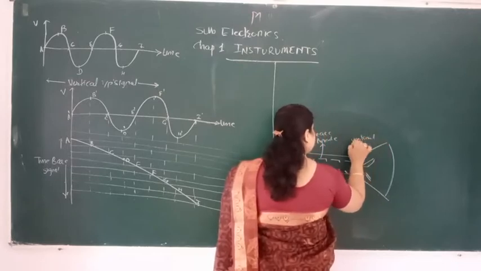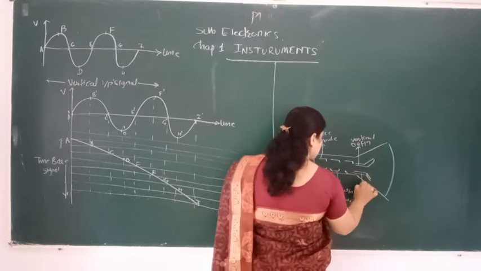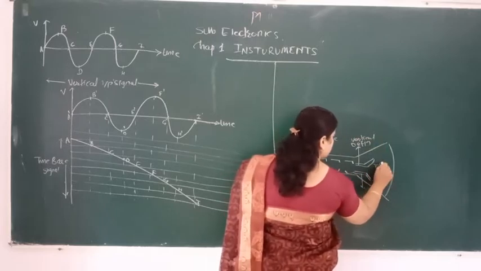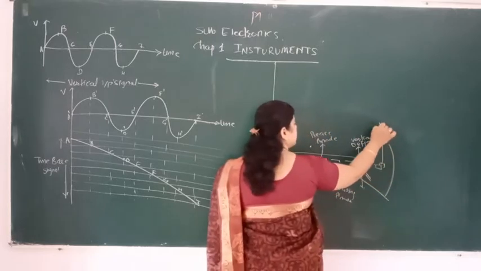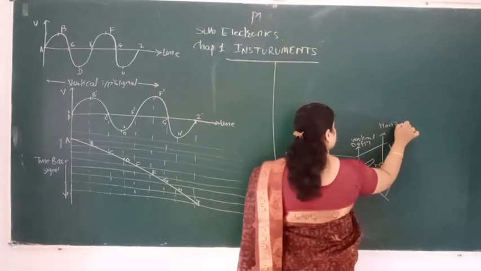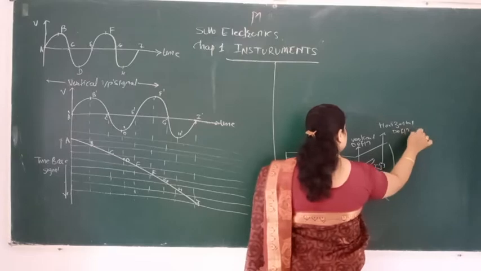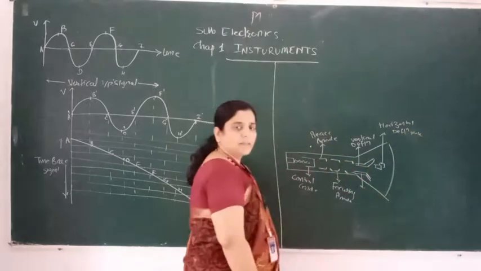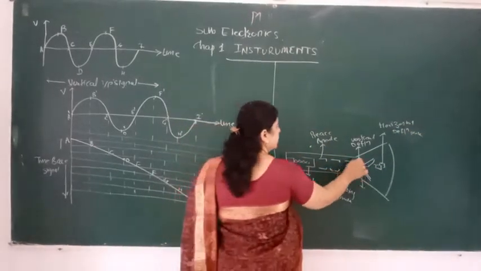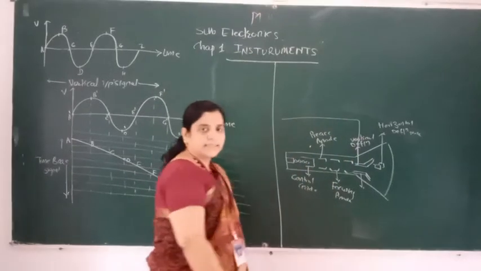The vertical deflection plate, isn't it? Then the horizontal deflection plate is there. So we give the input supply to the vertical plate, isn't it?